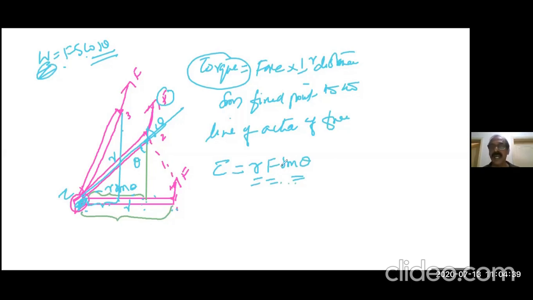And here, this RF sine theta, the product you are getting is again a vector. If R is in the X plane, F is in the Y plane, then torque is in the Z plane, acting normal to the XY plane. If this is X axis, this is Y axis, this is normal to that. Normal means 90 degrees to that plane, isn't it?